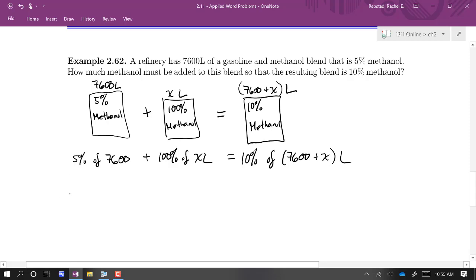So now I'm getting closer to a proper equation, and now I'm just going to get rid of my percentages and write this as numerical expressions and expressions with X. So 5% of 7,600, that is 0.05 times 7,600. 100% of X is X, and then 10%, 0.1 times 7,600 plus X. So this is an equation about the amount of pure methanol throughout the process.